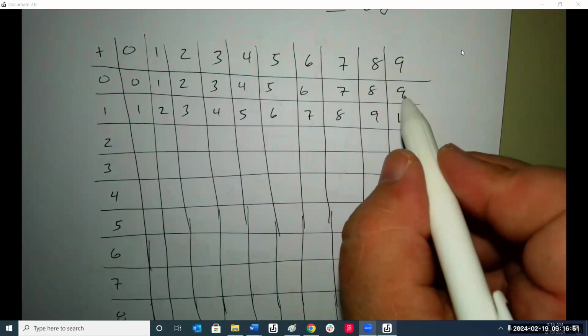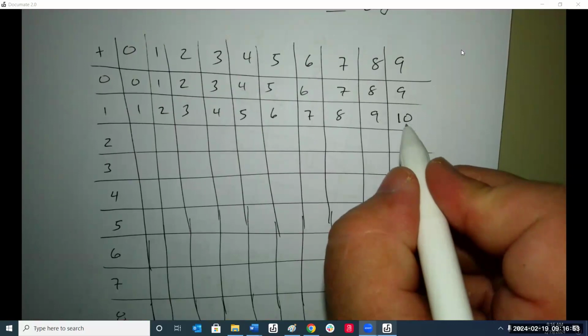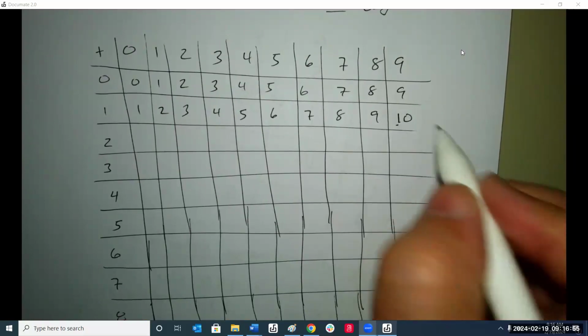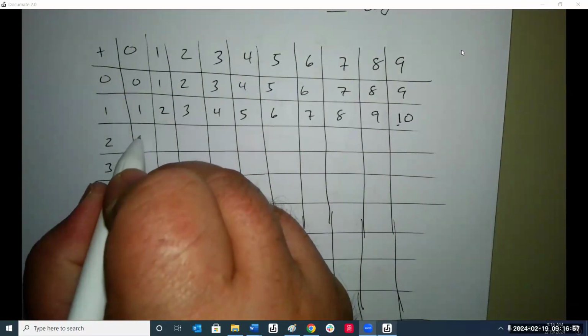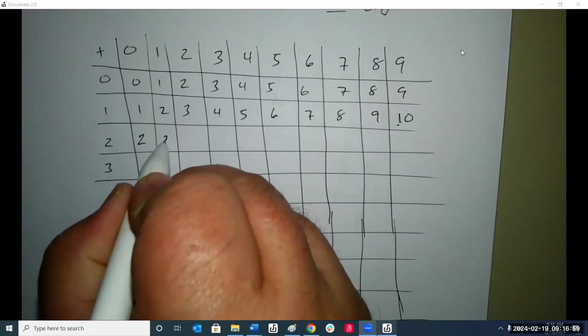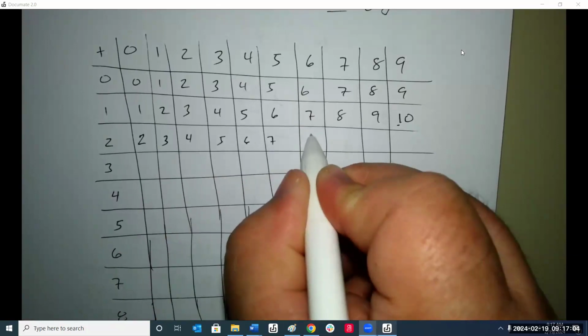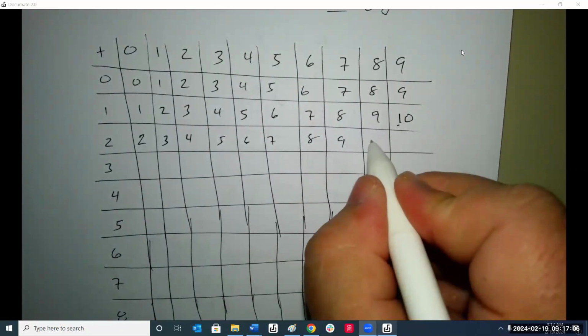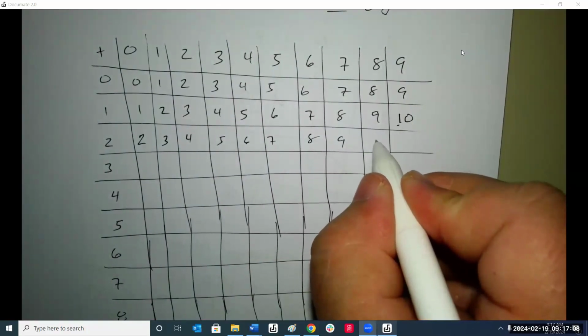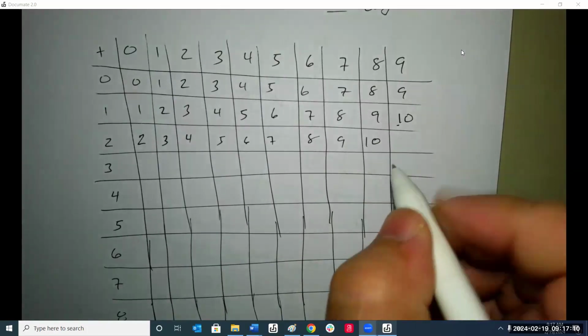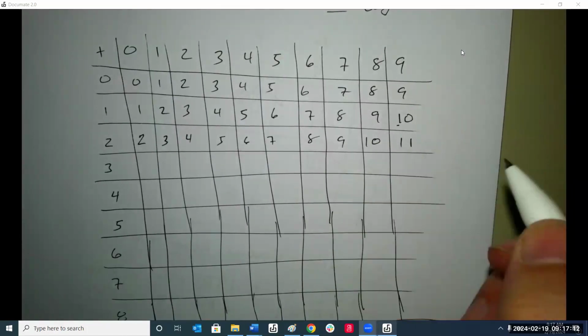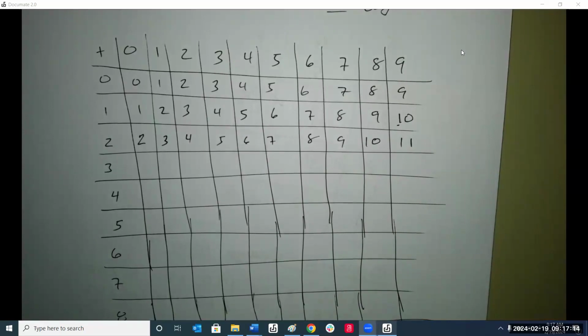So we have 1 bigger than 9. There's no more than 1, so we're now in the tens column. 2 plus 0, 2 plus, so it's 4, 5, 6, 7, 8. 2 plus 8 is 9. 9 plus 1 is 10. And then we start with the next one. And it keeps on going that way because this is important.